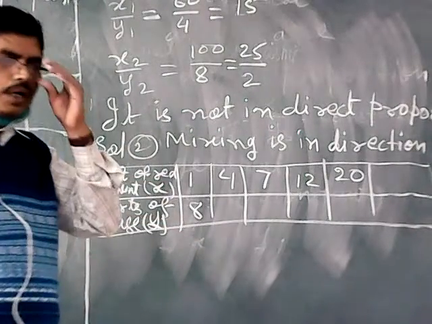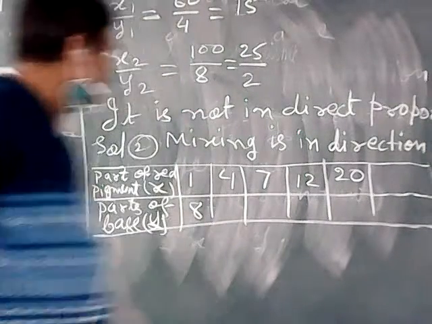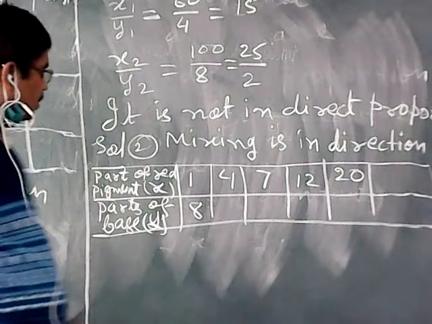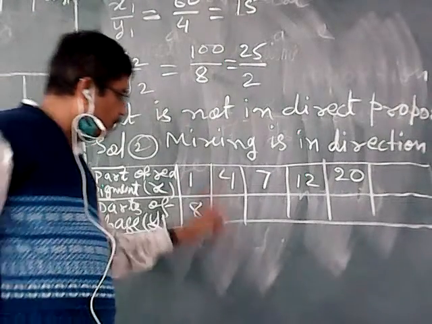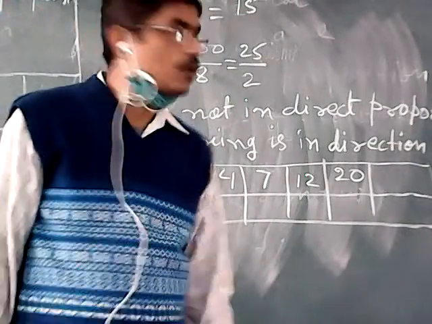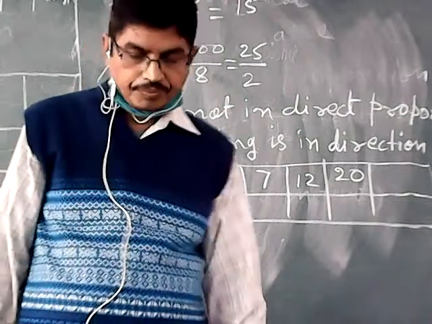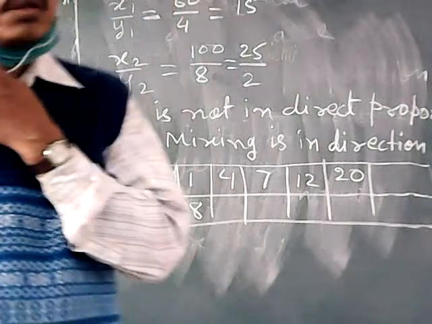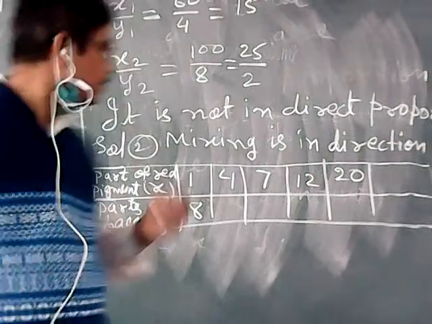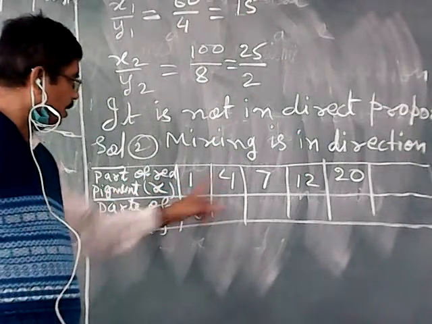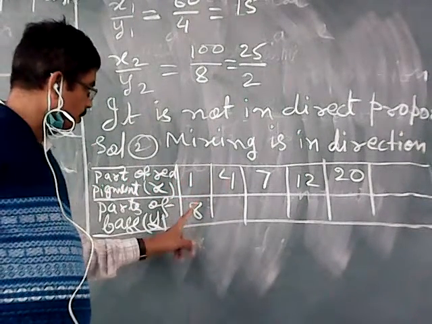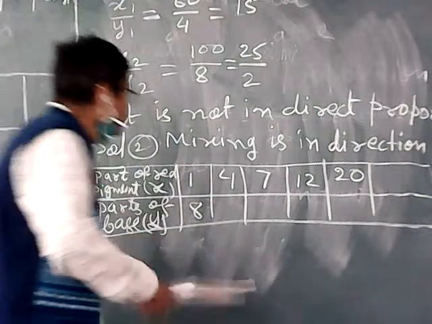See, very simple way you can see: 1 by 8 is equal to 4 by, tell me, everyone. 1 by 8 is equal to 4 by, anyone please? Very good. So actually, 1 times 4 is 4, 8 times 4 is 32.